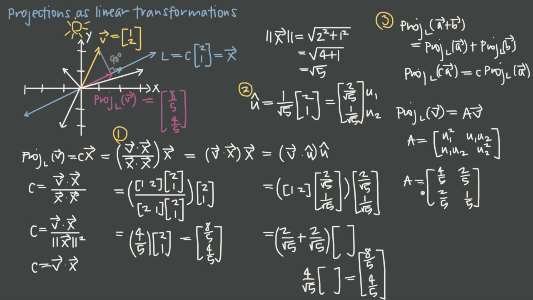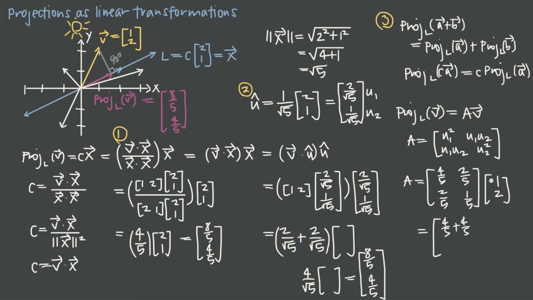And so if we want to prove that this works, we can multiply this by the vector V, 1, 2. And the result here, we'll get 4/5 times 1 is 4/5, 2/5 times 2 is 4/5, so we'll get 4/5 plus 4/5.